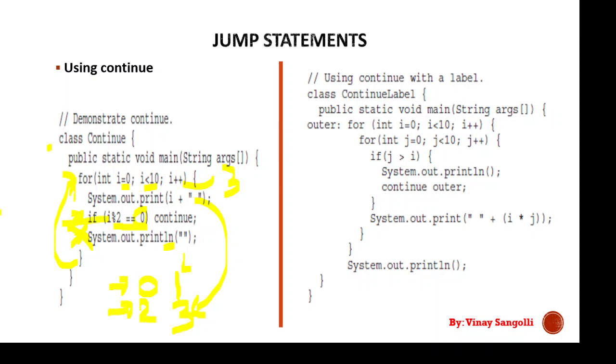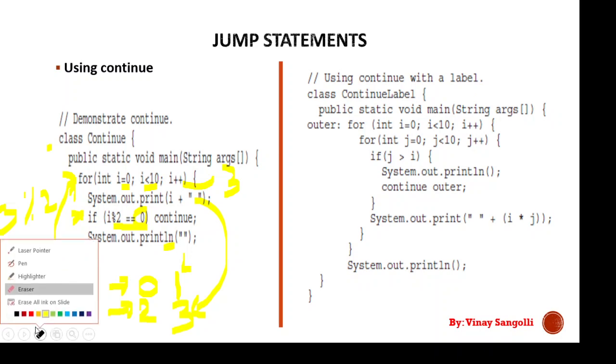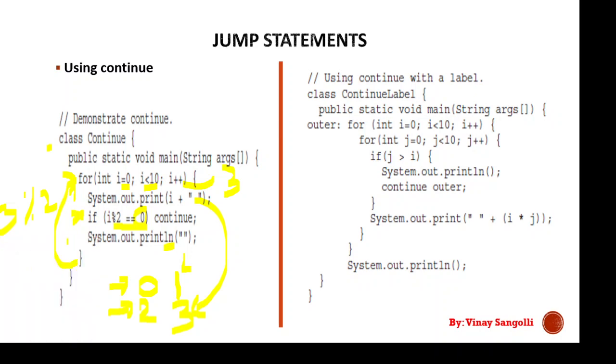Is 3 mod 2 equal to 0? No, 3 mod 2 is not equal to 0. So therefore, this line will be executed, and our execution will pass to the next line here.